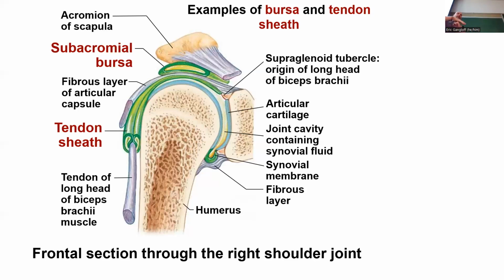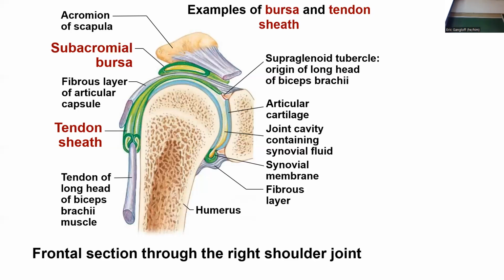So instead of having this nice fluid motion with really low friction because of the cartilage and the fluid, you get bones pushing on bones, and that restricts movement, and that can be extremely painful as well.